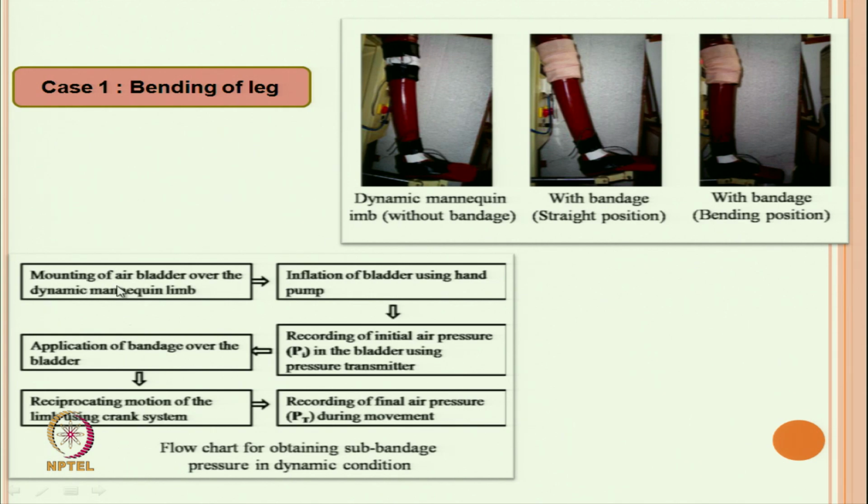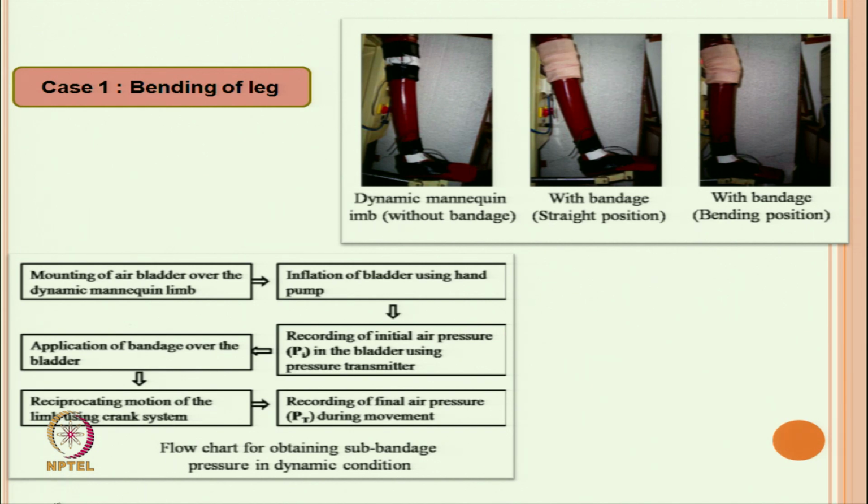So, monitoring of the air bladder over the dynamic mannequin leg: this is mounting the air bladder on the mannequin leg, then inflation of the bladder using a hand pump. We can use the hand pump also here if we want a static mode. The internal pressure we can record, then we apply the bandage.